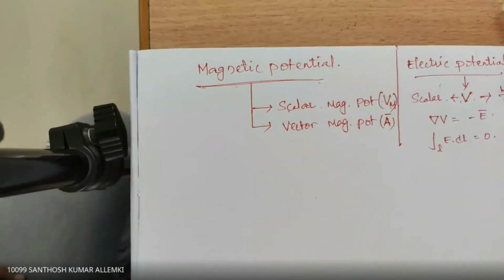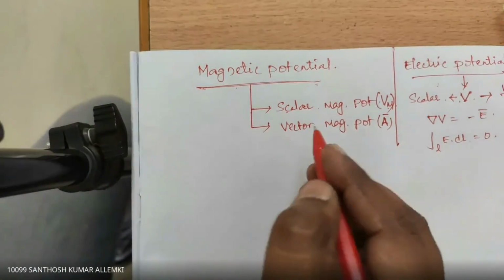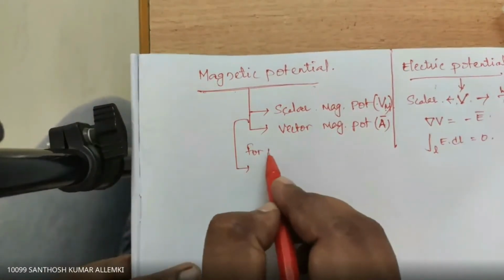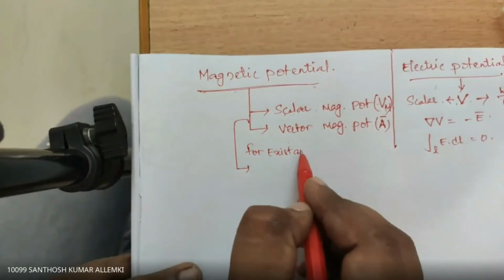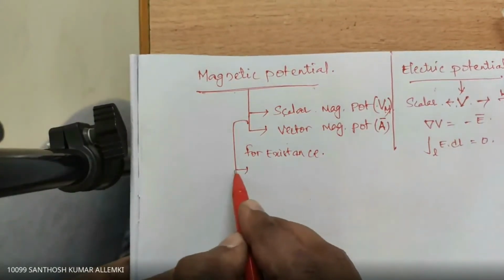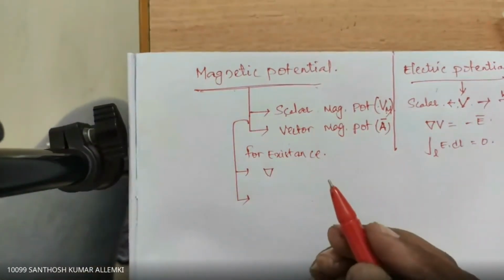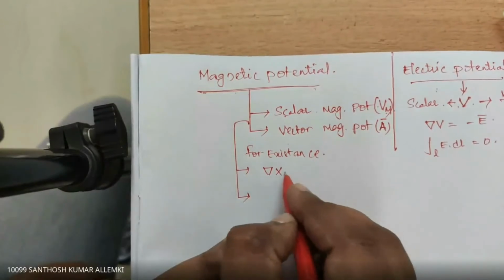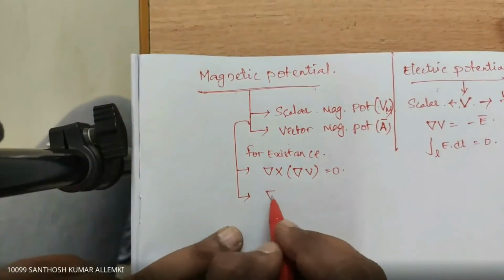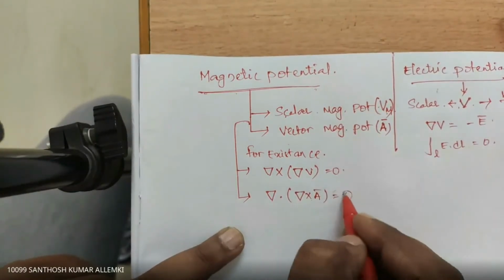Now for the existence of these magnetic potentials, we need to follow two conditions. We need to follow the properties of curl and divergence, that is, del cross del V must be 0 and del dot del cross A bar must be 0.